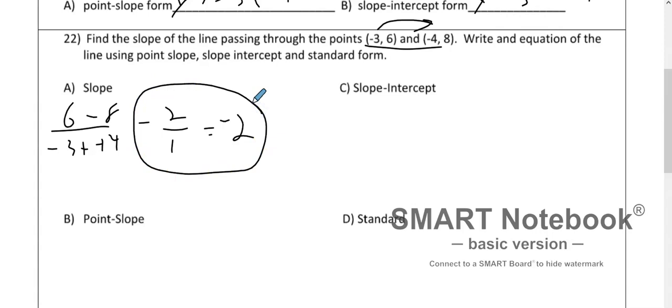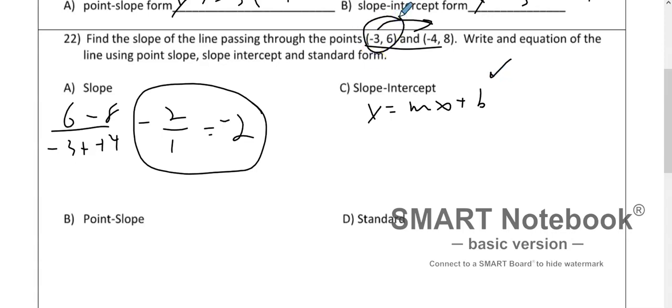Slope-intercept form. Okay? Well, I know my slope. Okay? But I need my y-intercept. So you have 2 choices here. You can just pick either point. y equals mx plus b. We're trying to find this, so just pick a point. I'm going to pick this one.